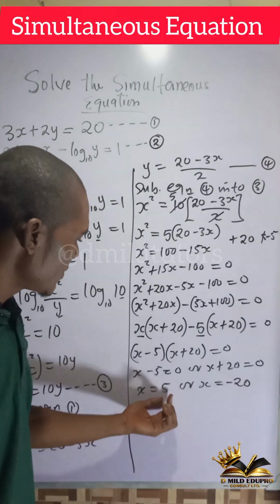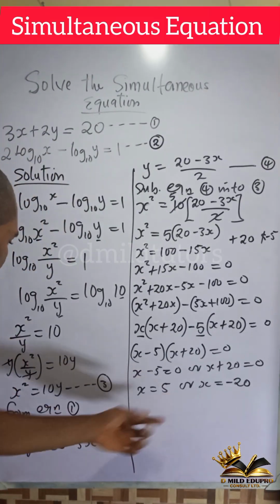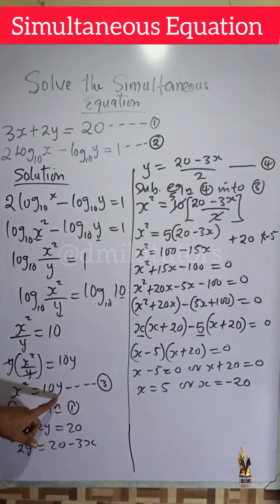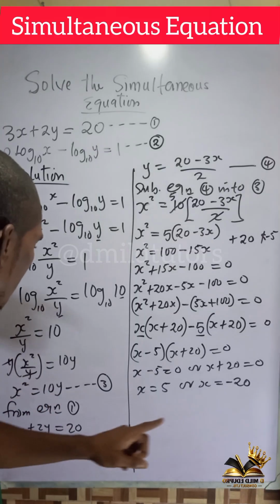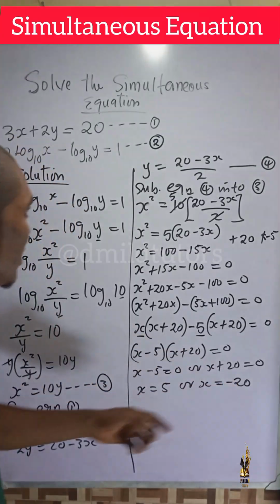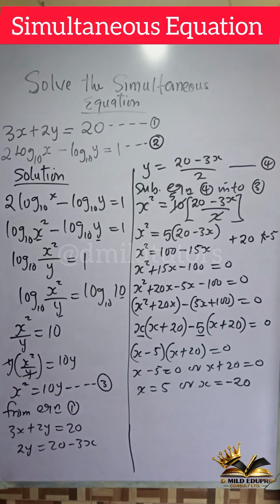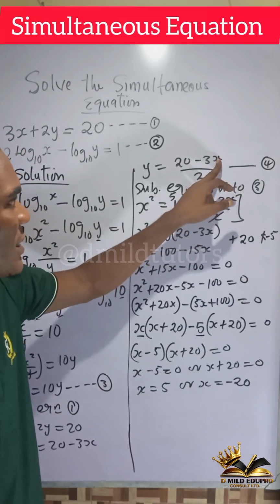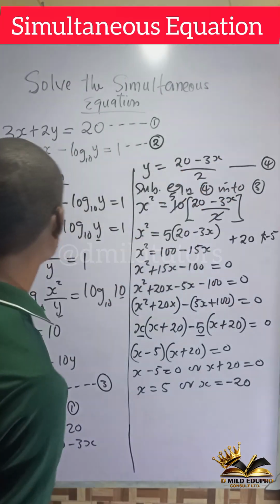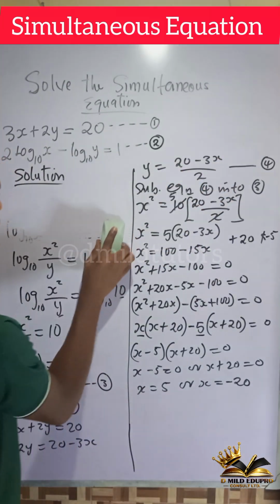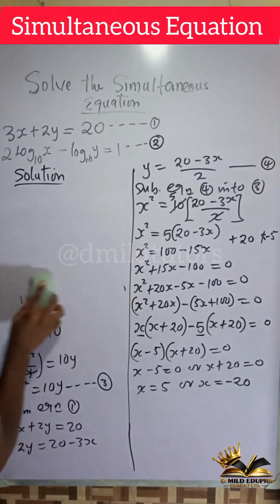And to do that, we're going to substitute when x equals 5 in this equation 3 to get y. All right. And also, we're going to substitute when x equals minus 20 in the same equation to get y. Pretty much, we can even still substitute it here. When x equals 5, we solve. We need to get the value of y.